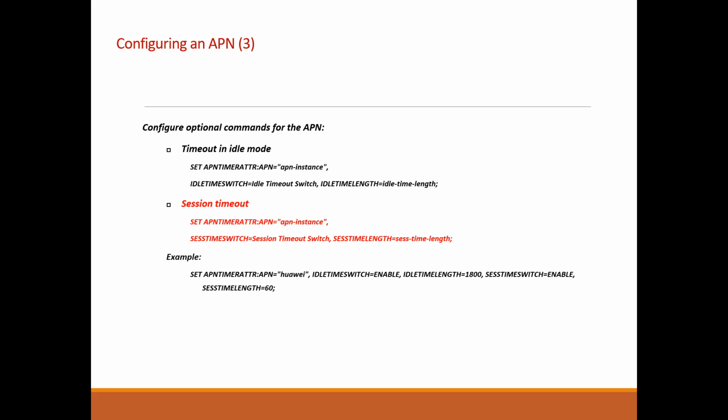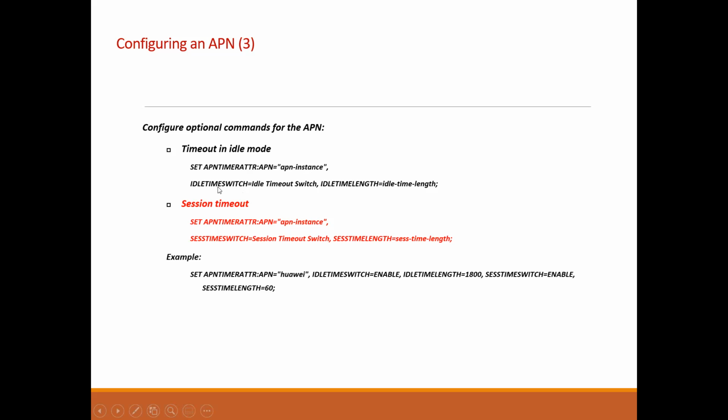The GGSN has a specified number of IP addresses available. The radio side has a specific number of radio bearers available. So if a user is not using any data services, ideally that user should release all the resources he is occupying. So we have an option configurable at the APN level, and that is called the idle timeout.